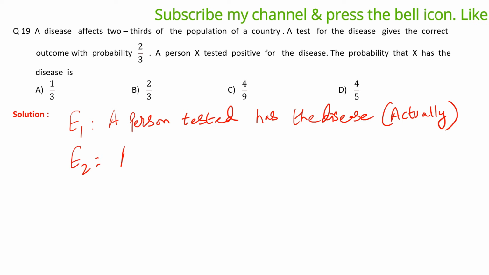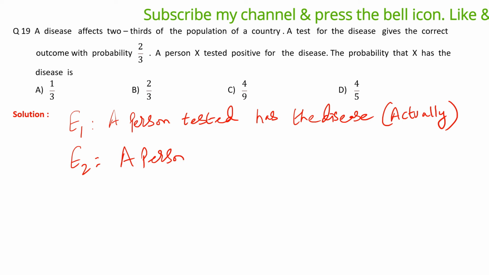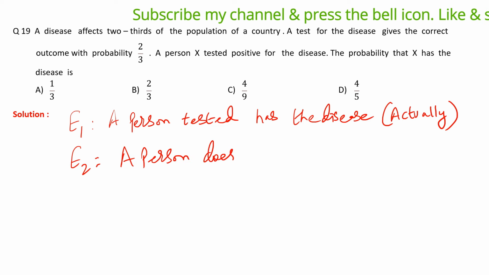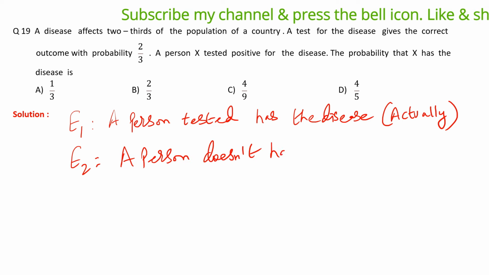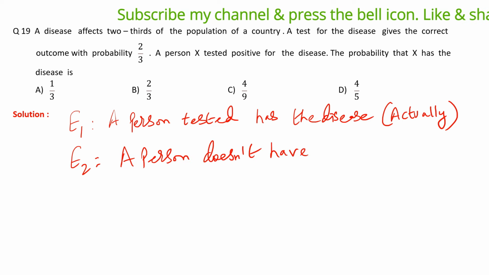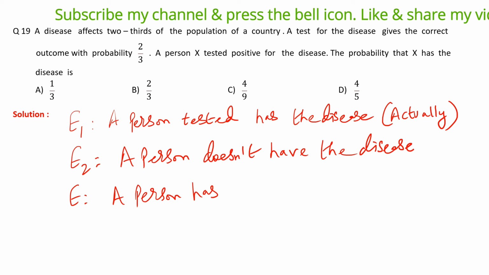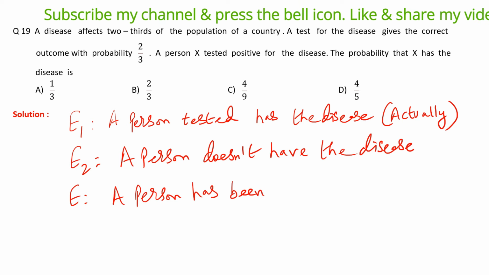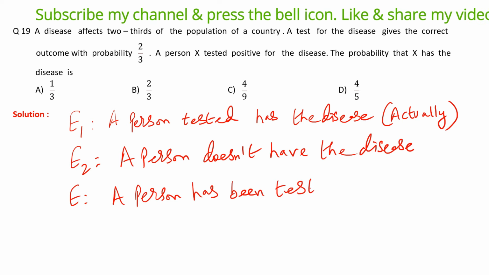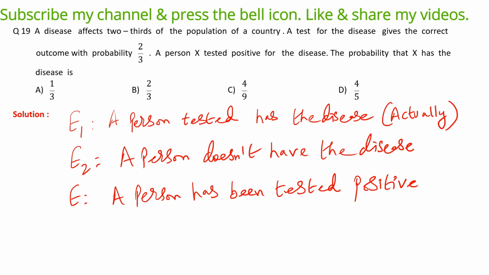And second is the case a person does not have the disease. This is E2 suppose. And what is E? A person has been tested positive. That means the test result is showing that he has the disease, right?